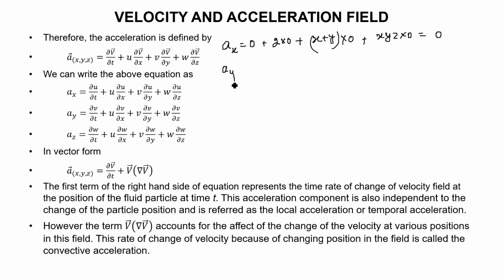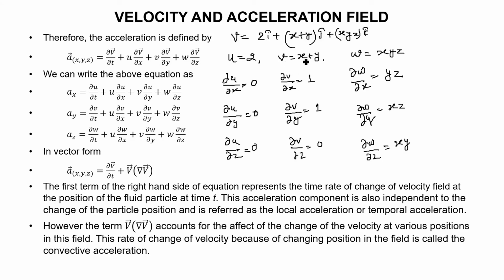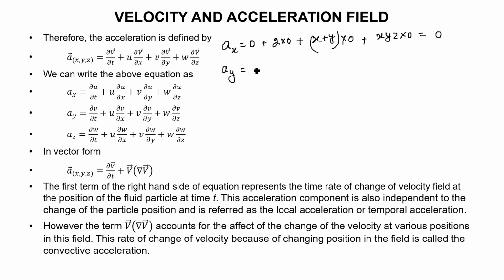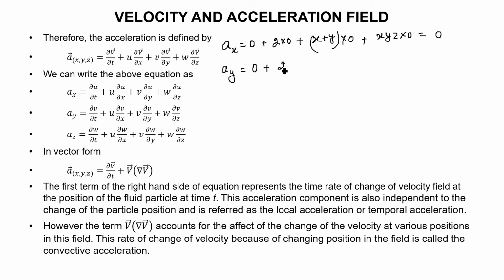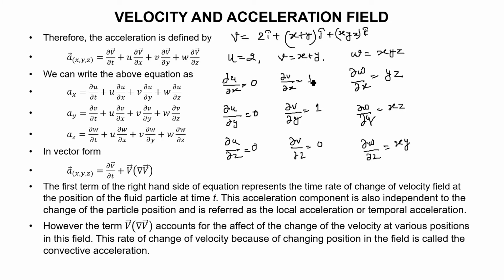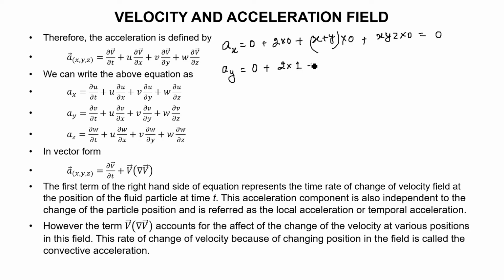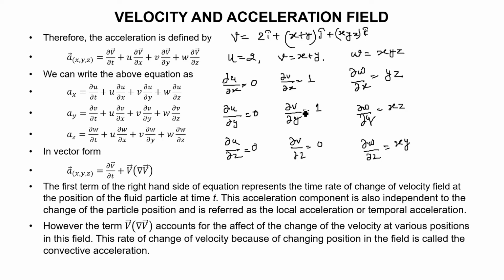Now ay = ∂v/∂t. The velocity component in y direction, v = x + y, is independent of time, so this term will be 0, plus u into ∂v/∂x. The value of u is 2, and ∂v/∂x we calculated as 1, so 2 into 1, plus v, which is x + y, into ∂v/∂y, which is 1, plus w, which is xyz, into ∂v/∂z, which is 0.